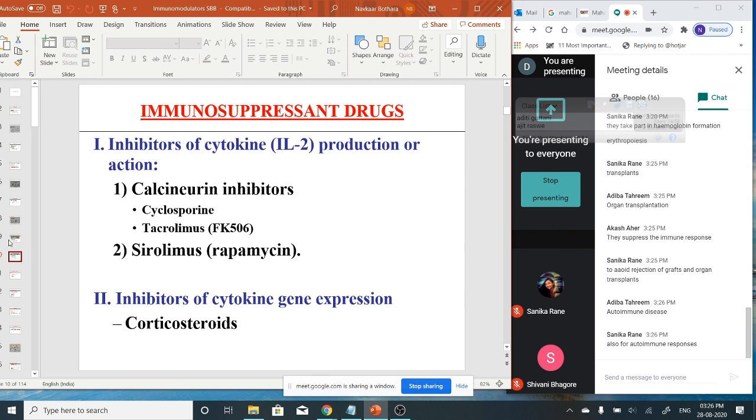Autoimmune responses, again. Or any other thing you have thought about? Any other immunosuppression drug you have encountered earlier?